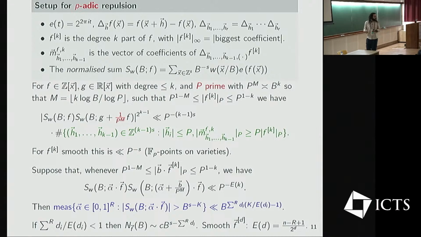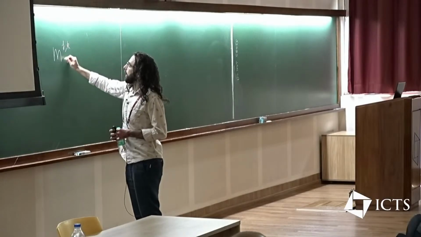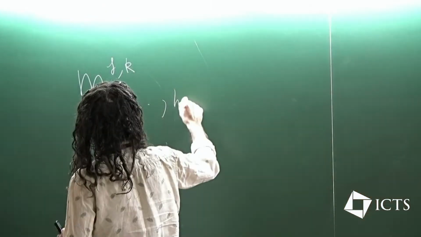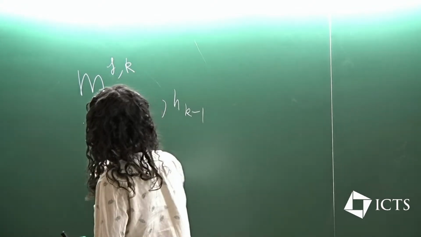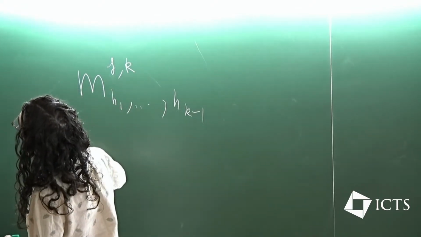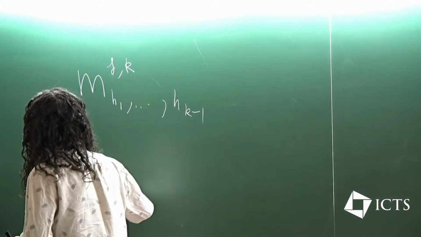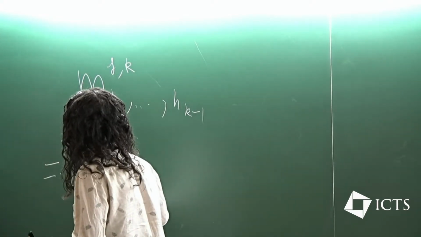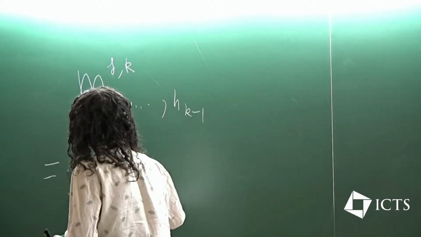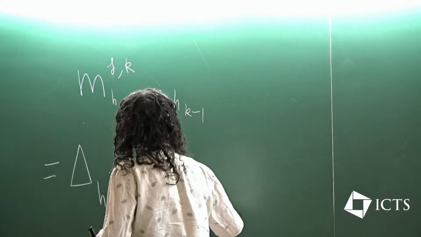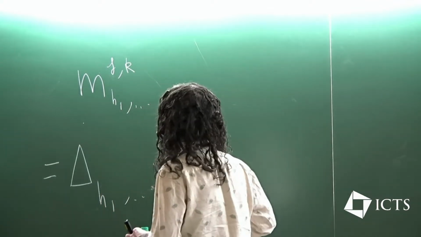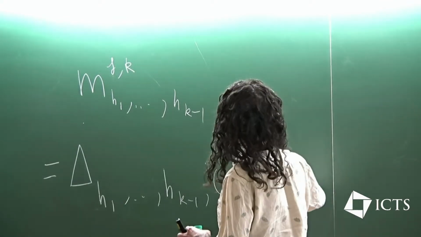So I'll write that on the board since I didn't put that on this slide. My notation here is m equals the vector of coefficients of the forward difference operator, with h1 up to hk minus 1, and then some vector applied to f.